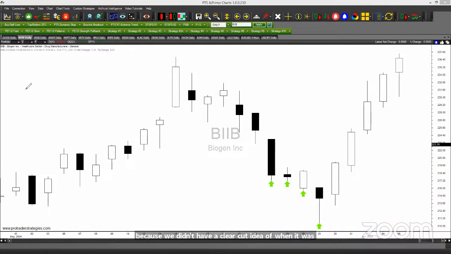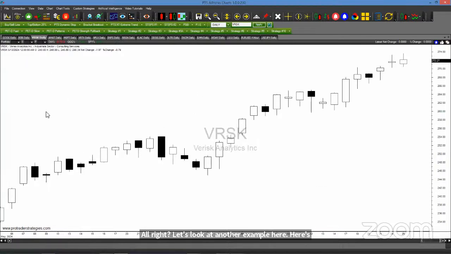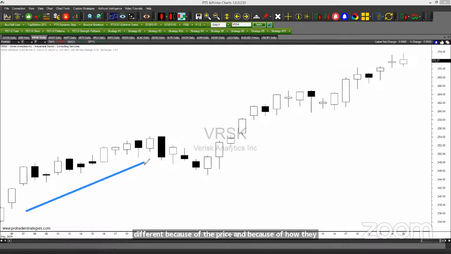All right, let's look at another example here. Here's one in VRSK. The same process, even though these charts look a little different because of the price and because of how they are displayed, it's the same process. We have phase 1 followed by phase 2, okay? But where exactly is phase 2 going to end? Because obviously, if we're in phase 2, we see in hindsight, well, this would have been the best place to buy, right?